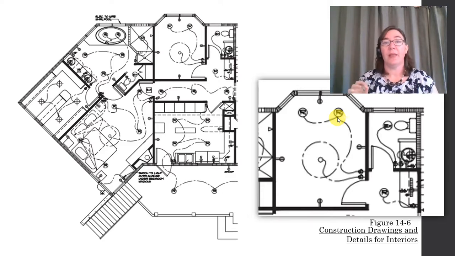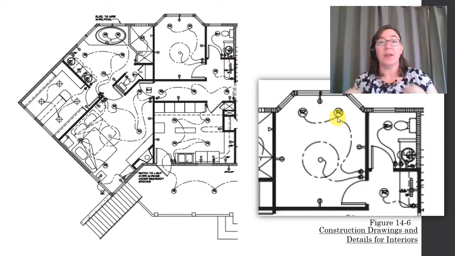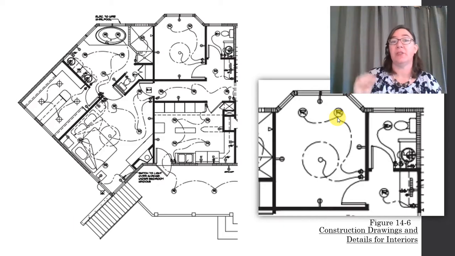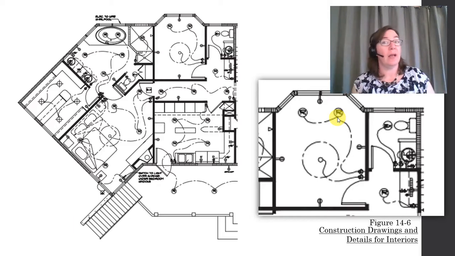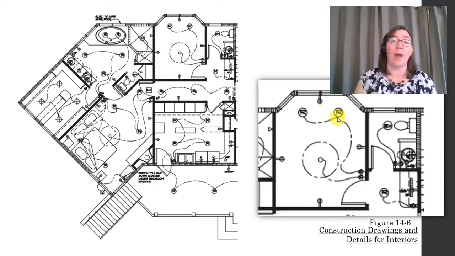The second reason is to highlight and emphasize that these lines are conceptual. They indicate the linkages between these objects, and they do not indicate the location of the actual wires that connect them.